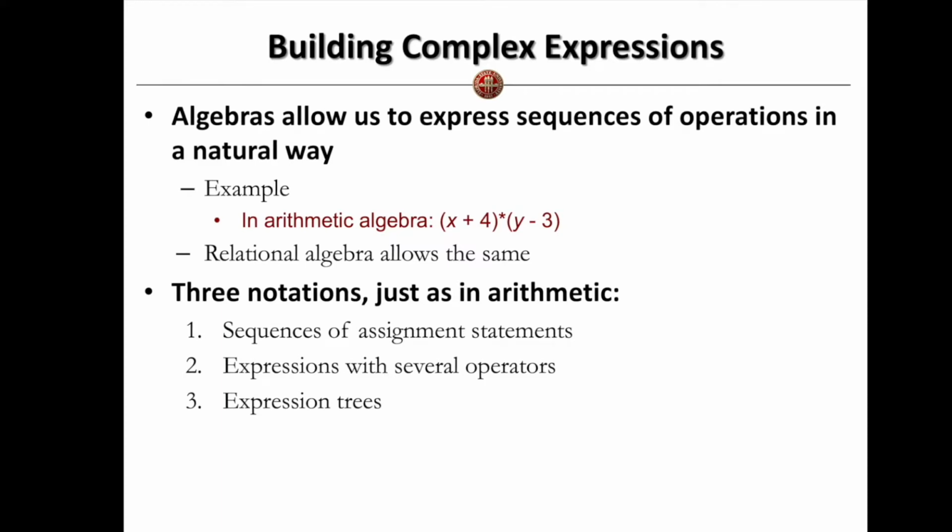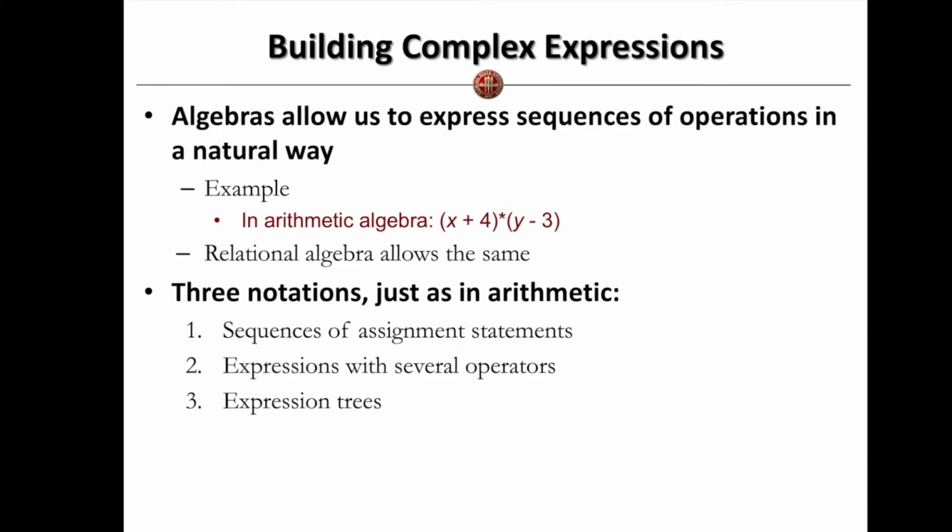And it will be very similar for the relational algebra. They also allow us to write down expressions in a very similar way. Before we talk about the relational algebra, we can provide you with some other representations of the same expression in elementary algebra: (x plus 4) times (y minus 3). Besides this one, do we have any other ways to represent it?